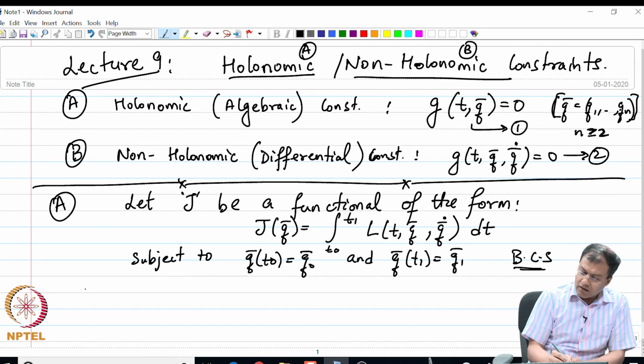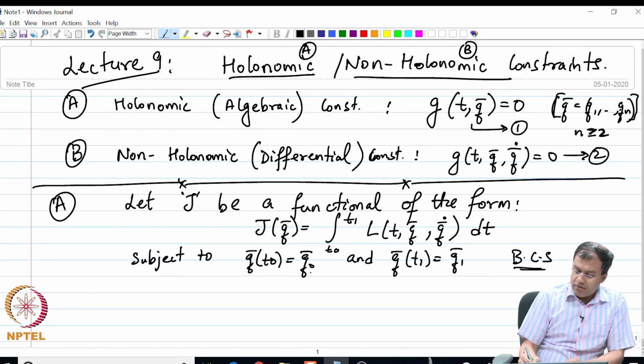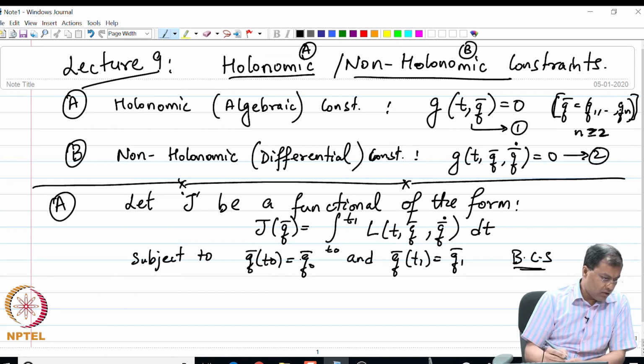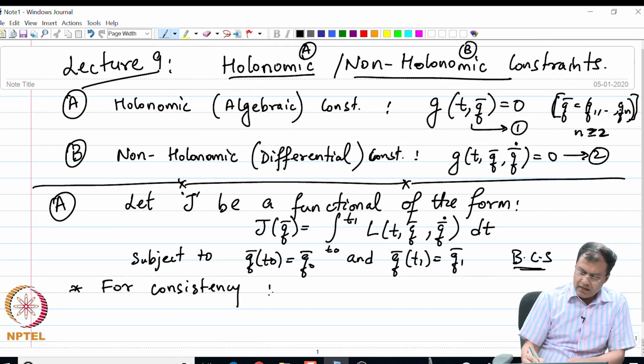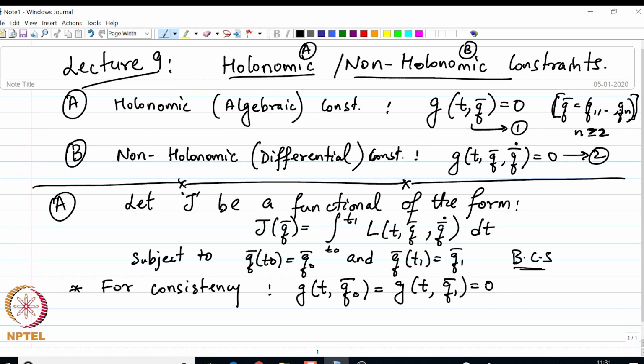Now, further, for consistency purposes, the constraint also should satisfy the boundary conditions, otherwise we will run into some trouble. So, we must have a prior assumption for consistency that g at t0 comma q bar 0 must be equal to g at t1 comma q bar 1, which is equal to 0.